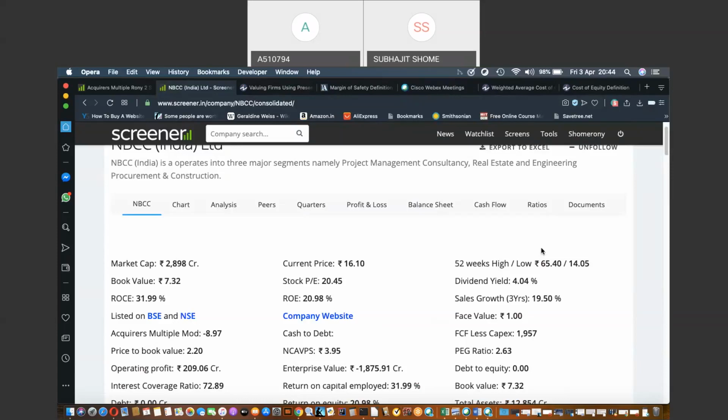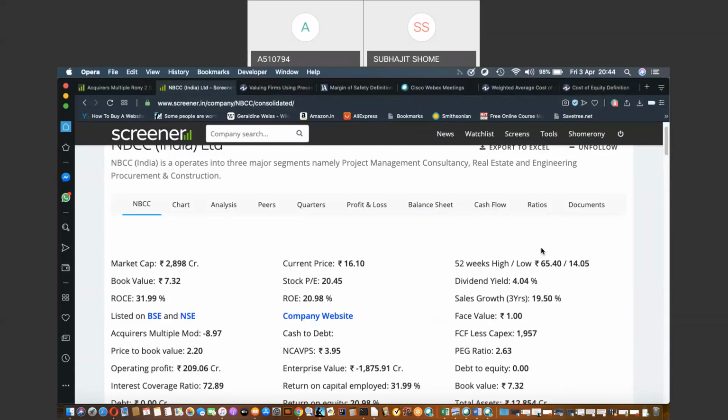We have the PE ratio: 20.45 is equal to the price, 16.10, divided by earnings per share.